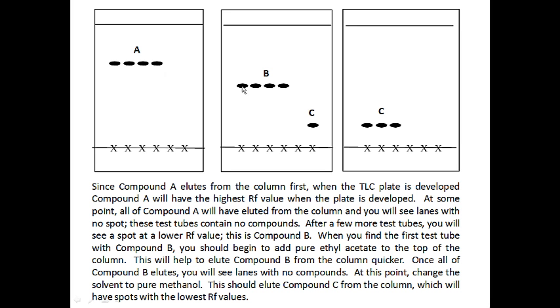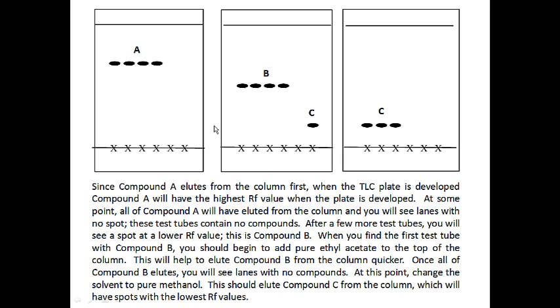Then when compound B comes off the column, you'll see compound B spots, but they'll be distinguished from A because they won't have the same RF value. As a matter of fact, they'll have a lower RF value. That's why they come off the column second. Then you might see a couple of empty lanes, and then compound C, the most polar of the components, will come off the column, hopefully, and we'll see spots for that.